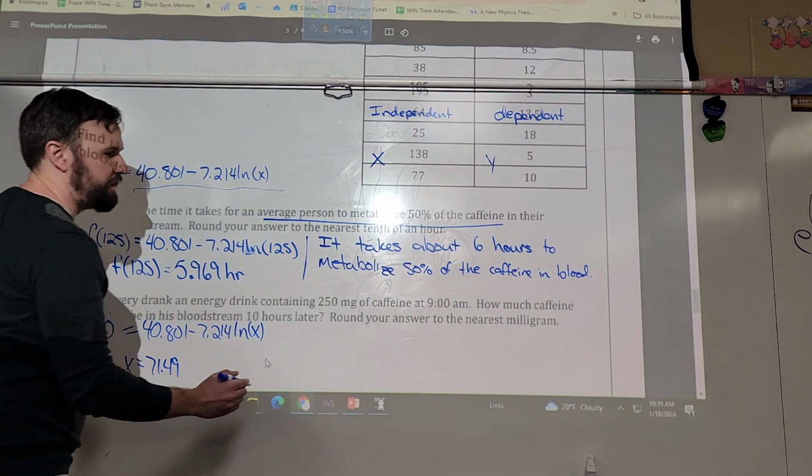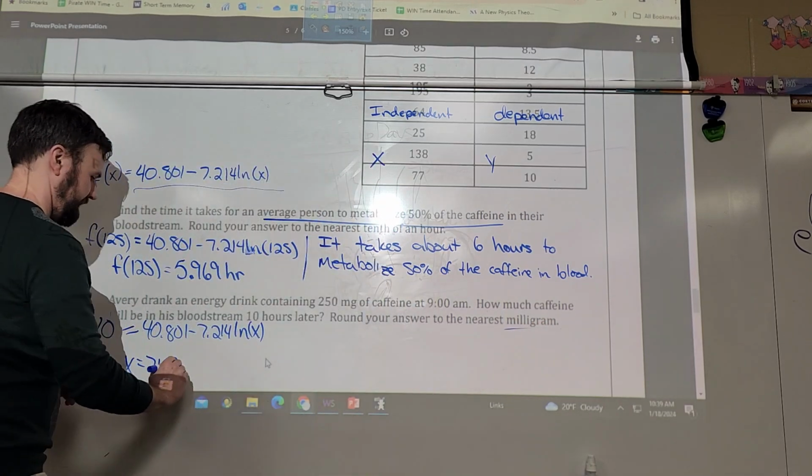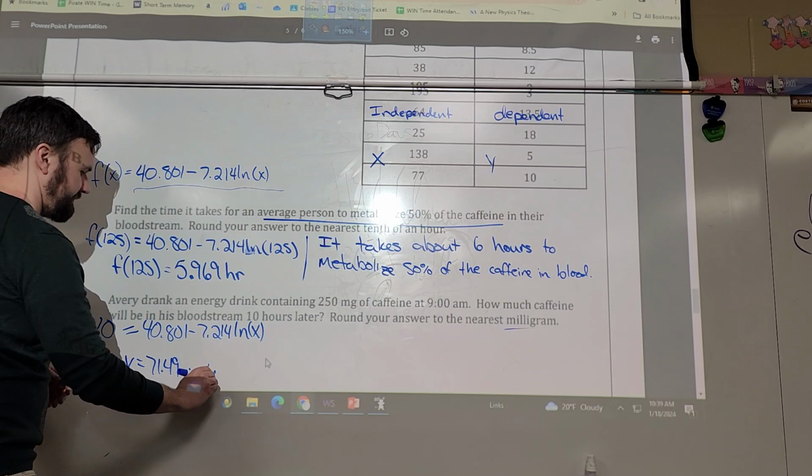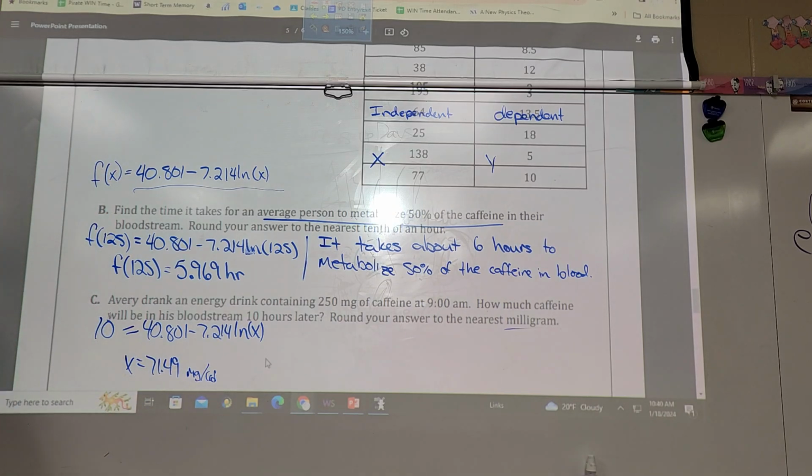They want us to round to the nearest milligram. Milligrams of caffeine. All right, so what does this mean? If we scale this down, Haley still has about 50 milligrams of caffeine in her bloodstream after 10 hours. How much would be in her bloodstream at game time? We could actually calculate that.